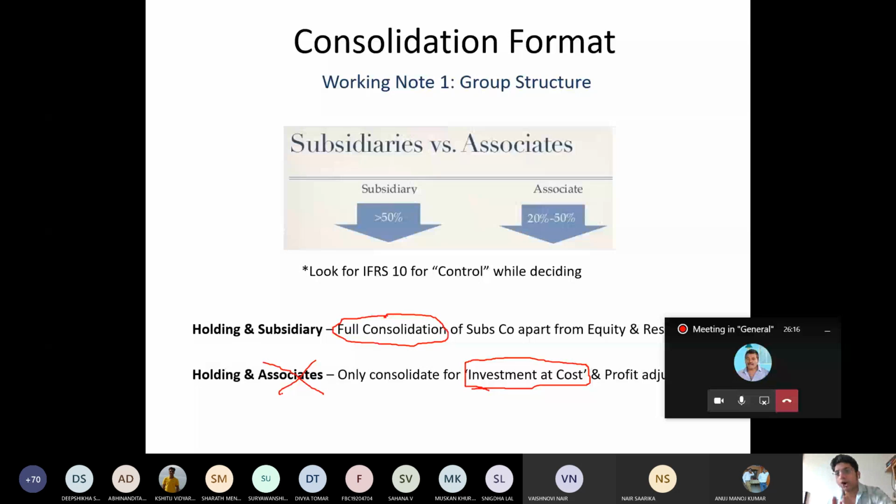There you will get the idea how much to consolidate. If it is a holding and subsidiary, go for full consolidation. If it is holding and associate, do not go for full consolidation, only consolidate the investment in the associate.